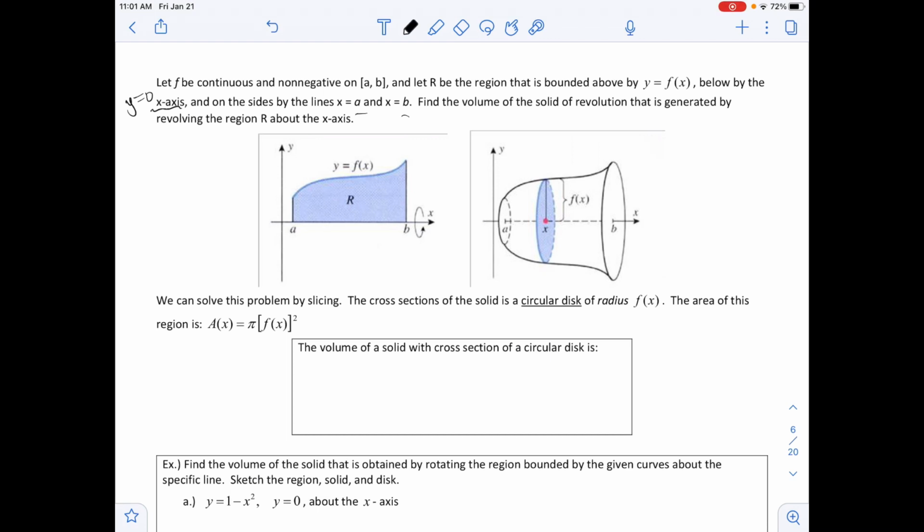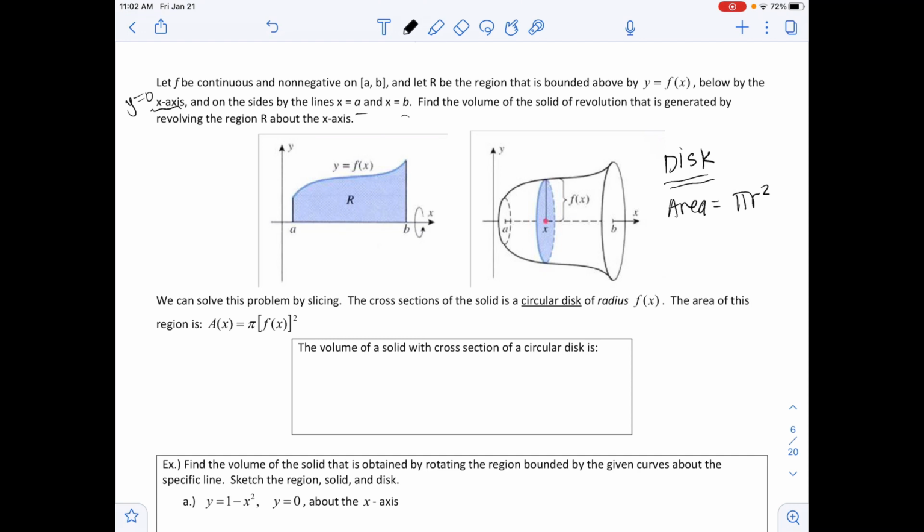And you'll notice that if you were to cut part of it, it's going to make circles. They look like what we're going to call discs. So to find the area of a circle or of a disc, we have pi r squared.